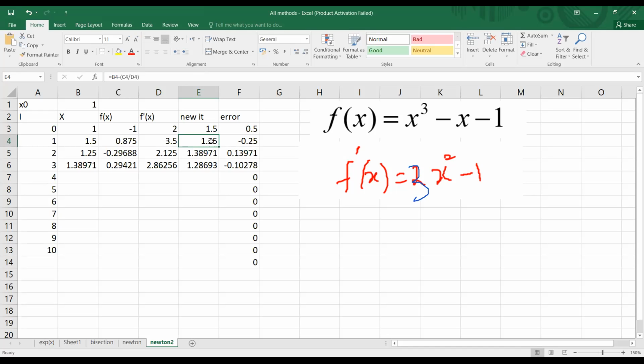I am making one more correction here. That formula of new iteration I am copying here. Instead of the new iteration here, I am just writing the direct formula of the new iteration.